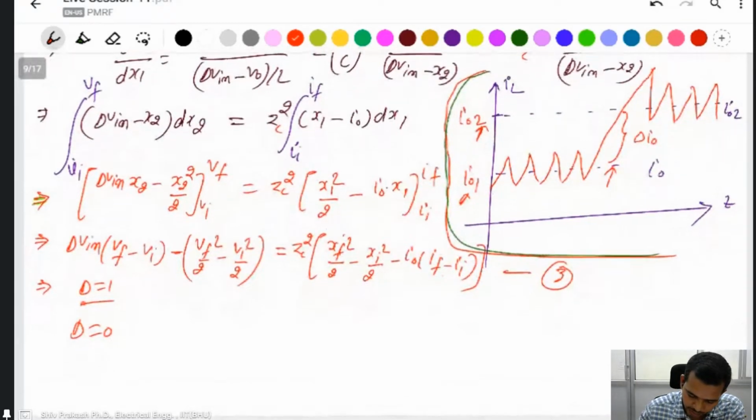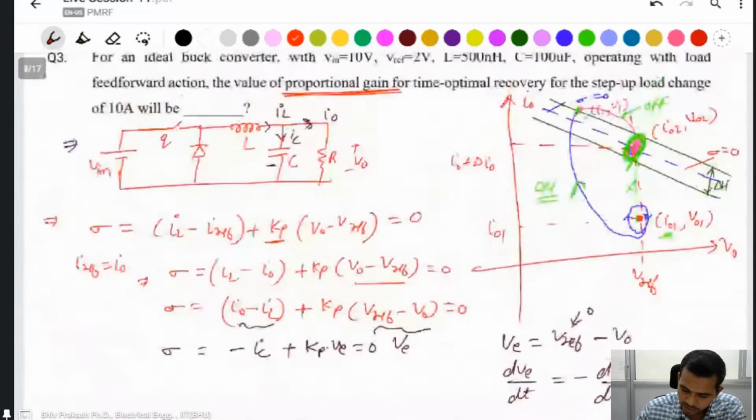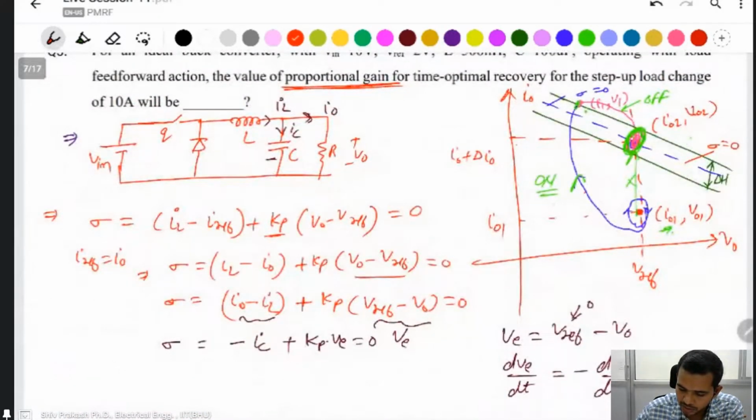Then you find this one is the on trajectory for D equal to 1, and I01 is initial and I1 is final, V01 is initial and V1 is final.